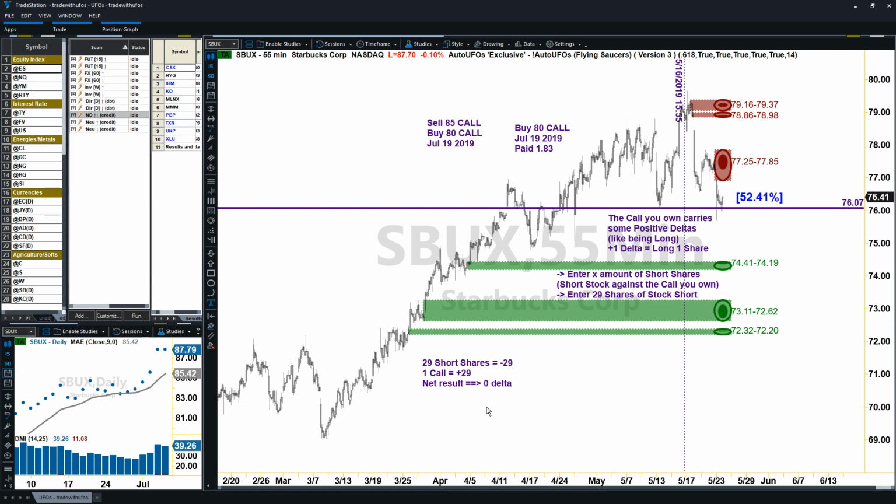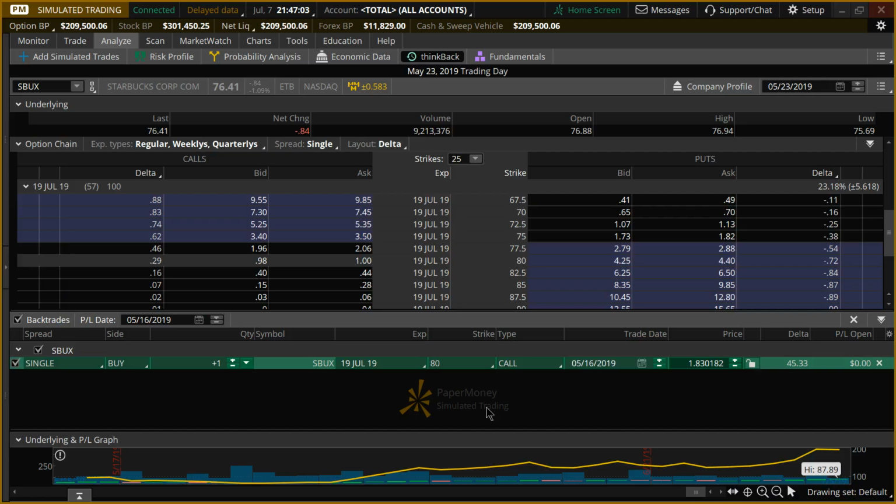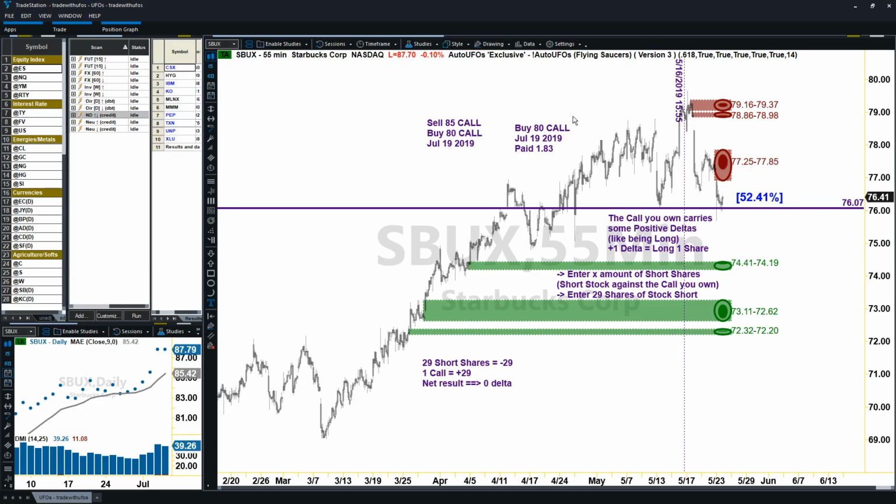At this point, the value of the 80 call is 98 cents. This is the value of the call that particular day. So you paid 183. The call dropped to 0.98.